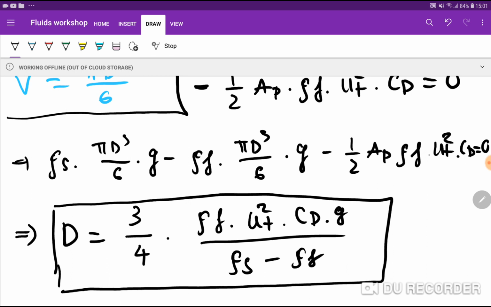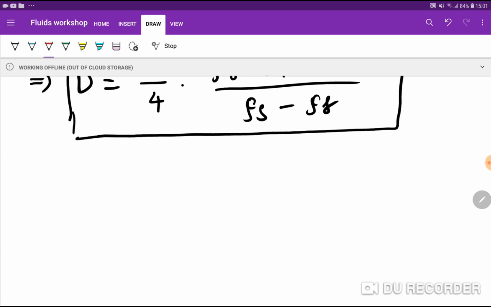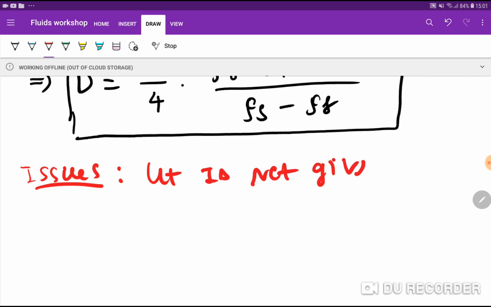So this equation is theoretically it, but the bad news is we are not given ut. That's the thing. Let me write it. ut is not given. Okay, this is the way to go. I'll show you. Don't despair.